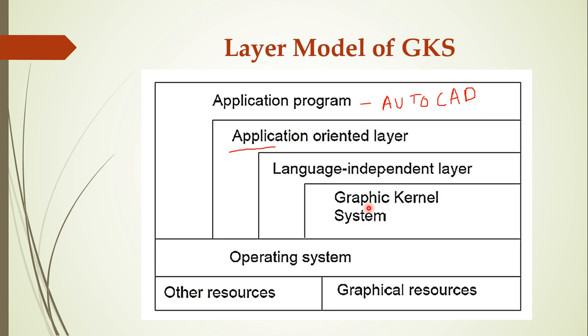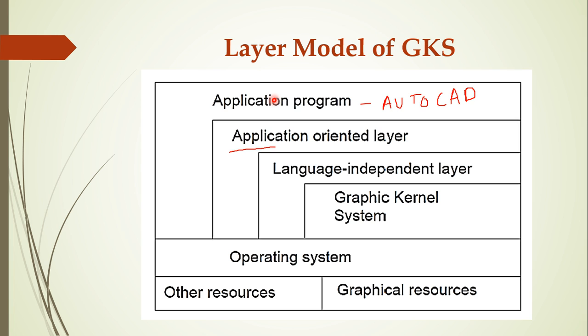This GKS will transfer that line command into some particular code. Then the language independent layer will convert that code into the application program. Then that application program reads the command in its prescribed form, and that could be visualized as a line. So, language independent layer.